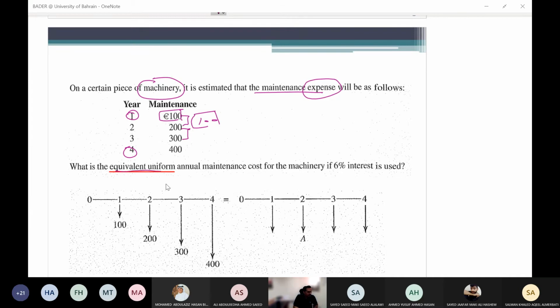So what is the equivalent uniform annual cost if the machinery is 6%? So this is my commitment, and it is 2 compartments and they want me to capitalize on this 6%.